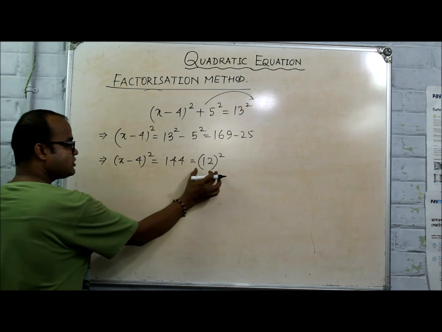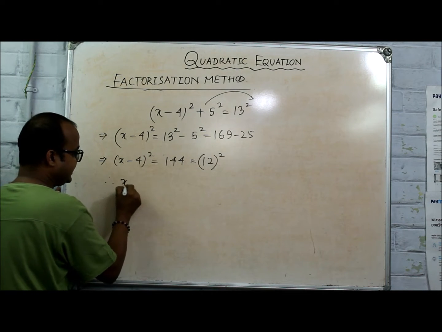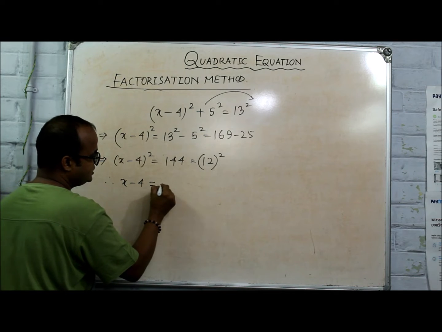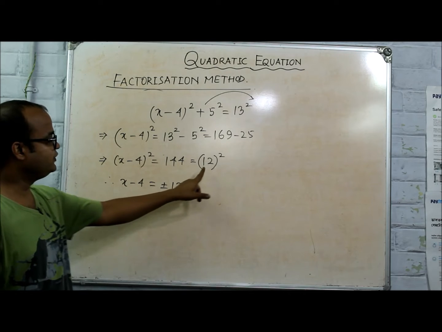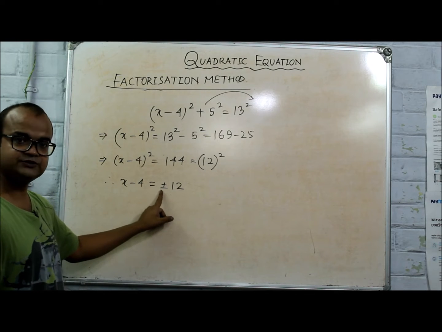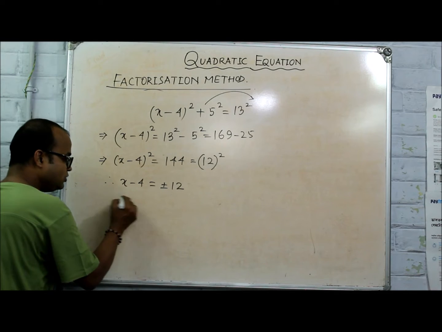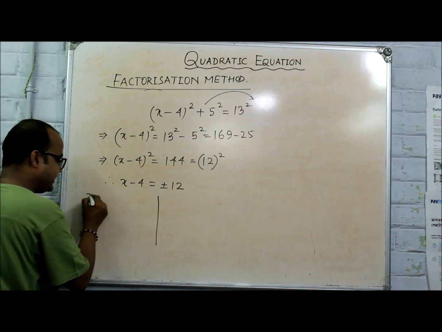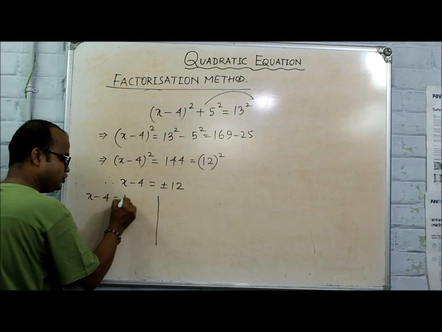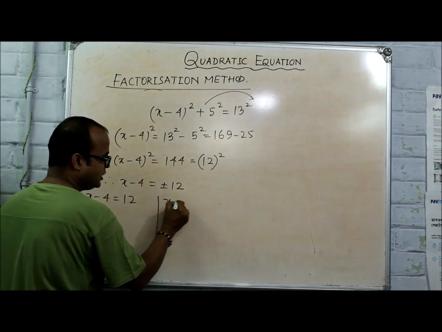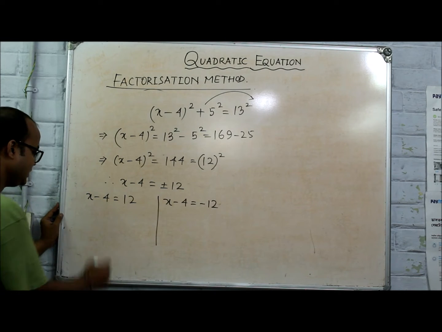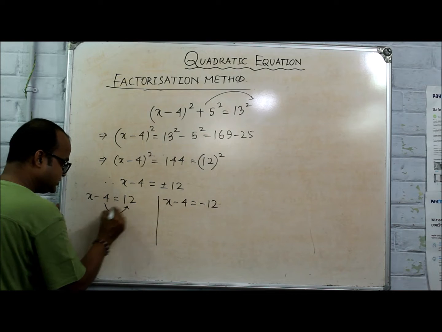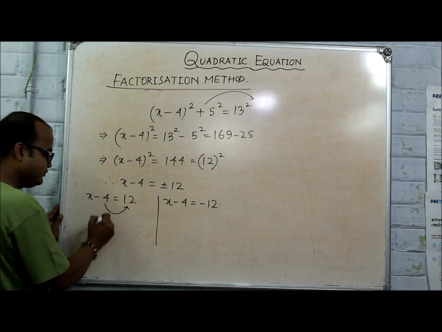So taking the square root on both sides, you will get x minus 4 is equal to plus minus 12. We know if you take the square root, this plus minus sign will come. So from here we can say that x minus 4 is equal to 12, or x minus 4 is equal to minus 12. If you take this 4 to the other side, it will become plus 4.